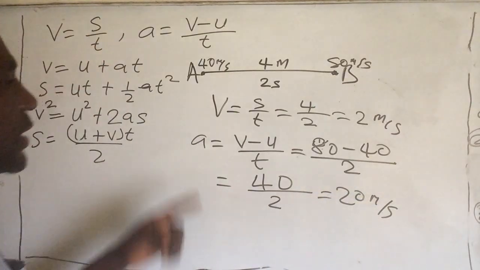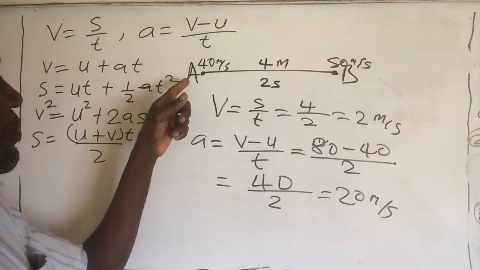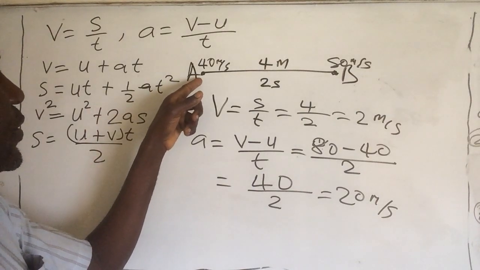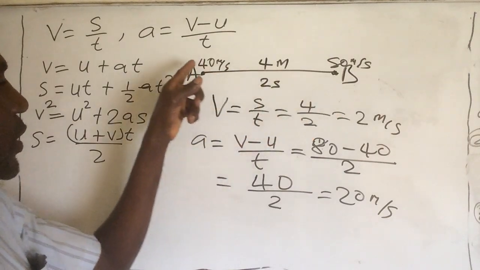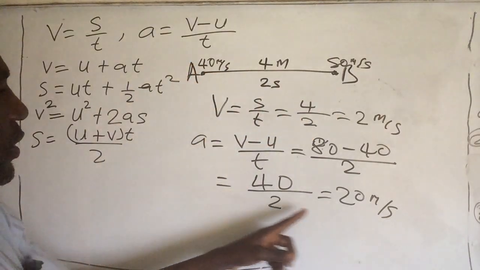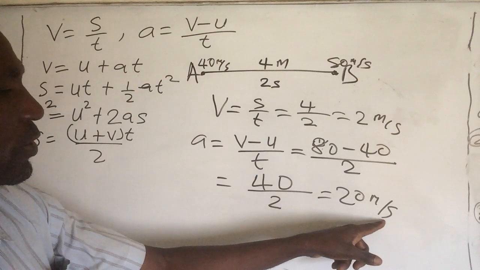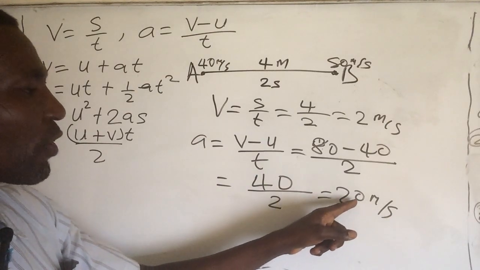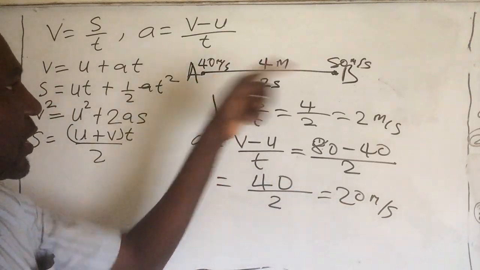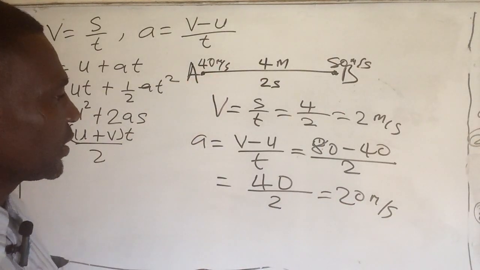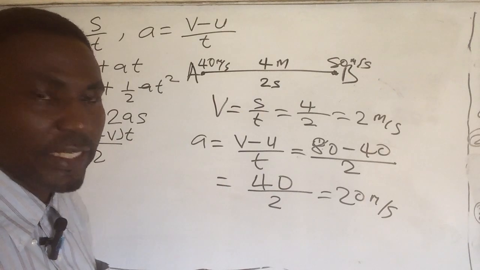So the acceleration of the car from checkpoint A to checkpoint B will be 20 every second. Every second, the car will be covering a distance of 20 in order to maintain all those velocities, and for you to calculate your acceleration.